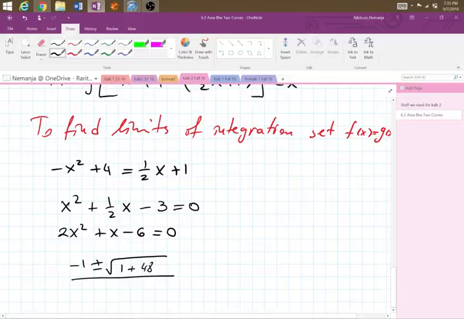What? What are the chances of this? Should have bought a ticket. You know what the odds of this are, actually? It's like you put whatever two functions in and this happens. 1 plus 48 is 49. If those of you are not getting what's happening right now, square root of 49 is 7.